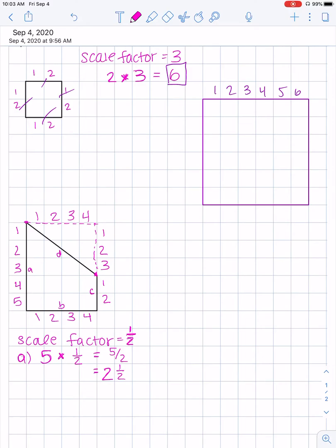All right, so side B is 4 units currently, and we want to multiply that by our scale factor, which is 1/2. What's 4 times 1/2? 2. Right, and C, our units are 2 times 1/2. What's half of 2? 1.